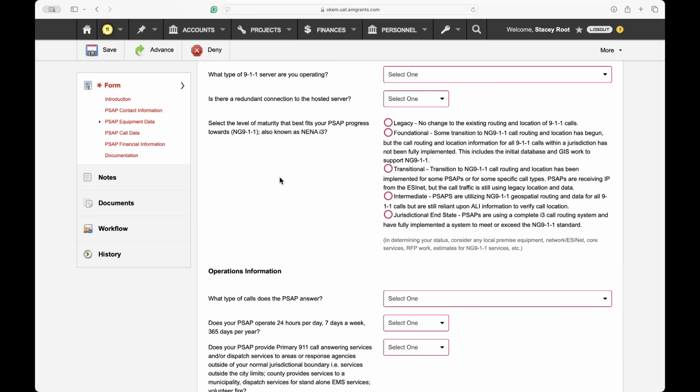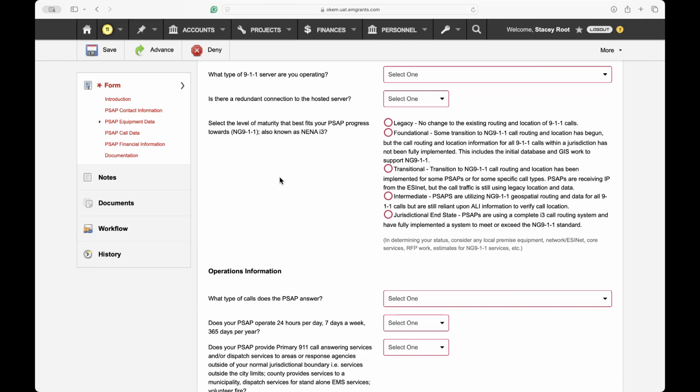And this goes off of the TFOPA, which is a kind of NG911 readiness documentation that's out there. And we have to use this to answer questions to the FCC. A lot of this data we're asking because the FCC requires it from the state of Oklahoma to fill out.